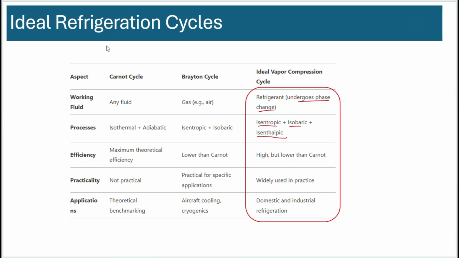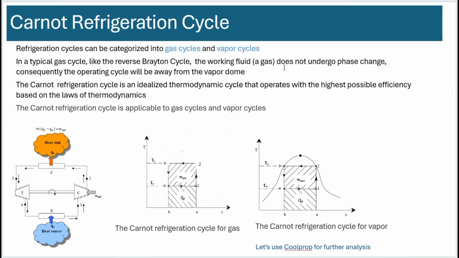All right. So let's start by going back to the Carnot refrigeration cycle, and we'll try to apply it to a two-phase scenario and see why it won't work. In a typical gas cycle like the reverse Brayton cycle, the working fluid is gas and there's no phase change.